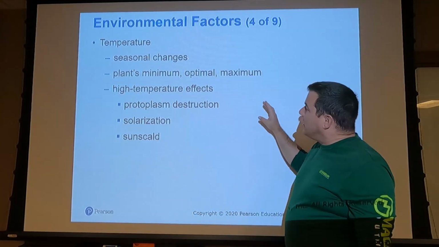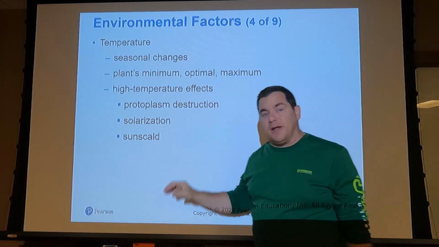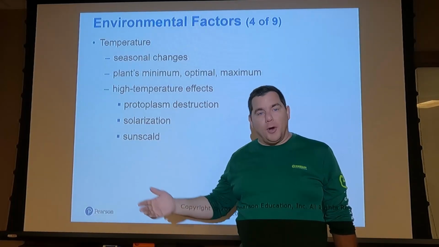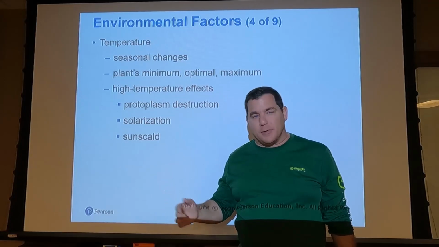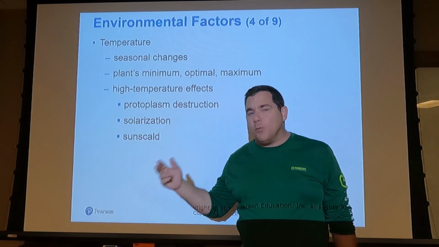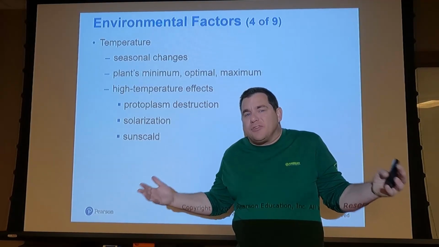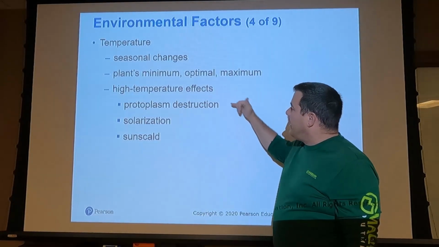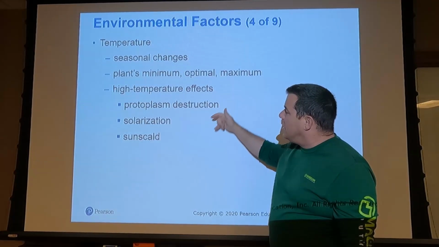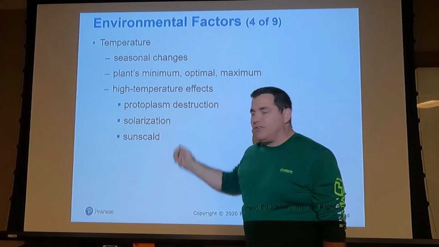But when we start getting into very high temperature effects, when we start getting over 100 degrees Fahrenheit, up to 110, 115, 120 degrees Fahrenheit, plants just can't grow there. They have this protoplasm destruction, and they'll end up getting solarization and sun scald.